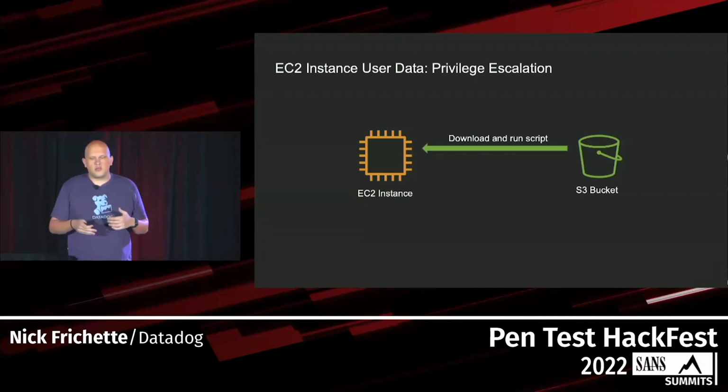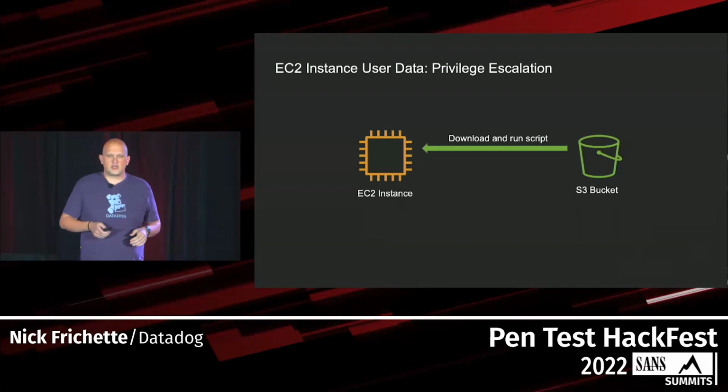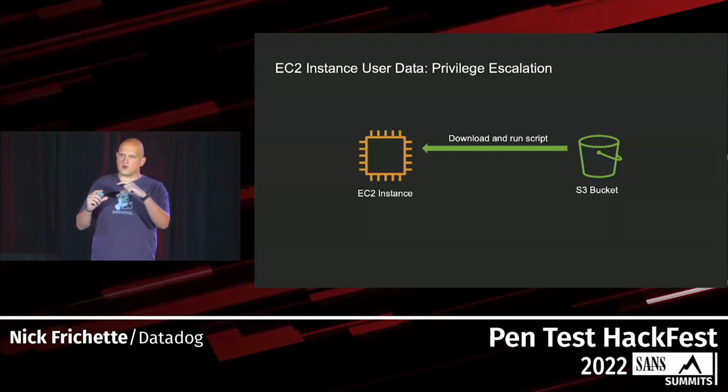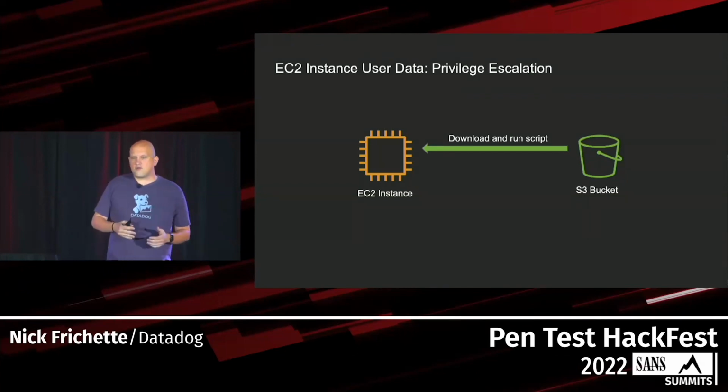The more likely one, the least privileged version of this, is a common design pattern for user data scripts: developers will have some core functionality in an external script, and then as part of user data, you just download that script and execute it. The reason for that is that if you ever have to update it, you don't have to go down to your 1,000 or tens of thousands of EC2 instances.